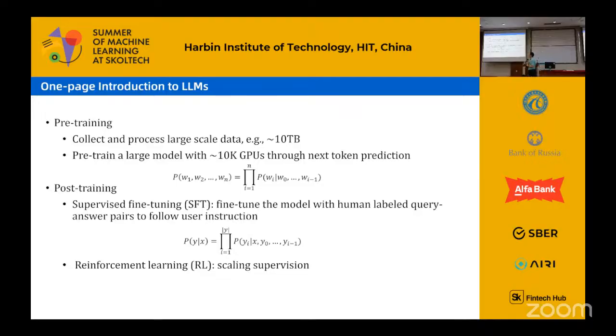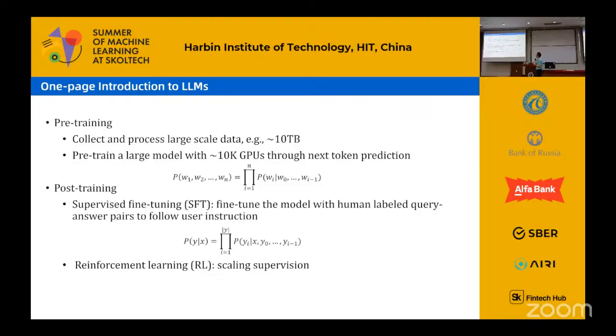And after the pre-training, we move to post-training. Currently, there are two main settings for post-training. The first one is supervised fine-tuning. In pre-training, which we call unsupervised or self-supervised pre-training, we use, for example, the web corpus, and we don't really need a human to label the data.